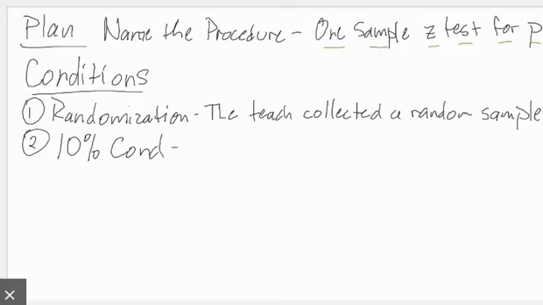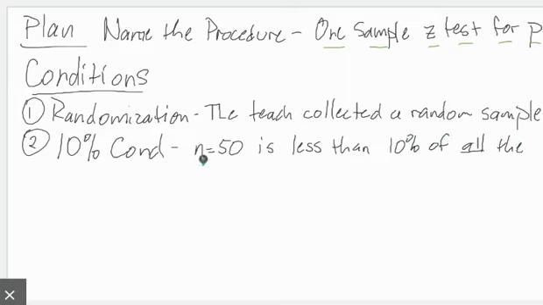So I'm going to write it like this: let's say n equals 50 is less than 10% of all the students at the school.